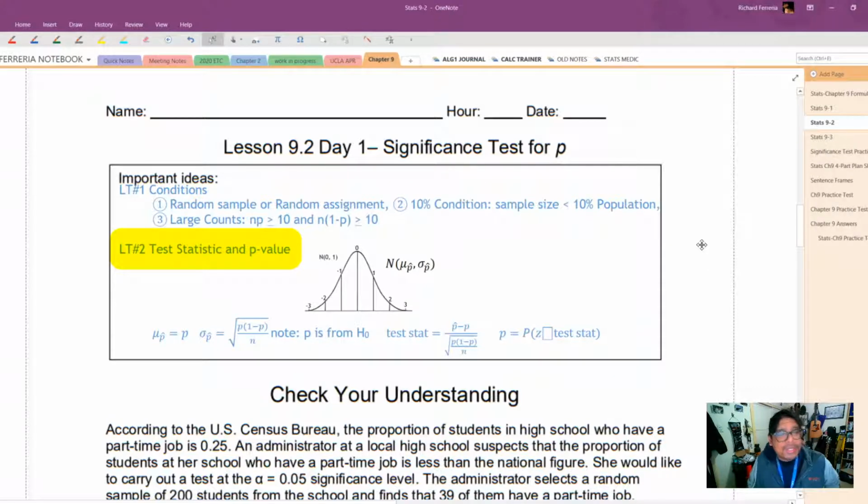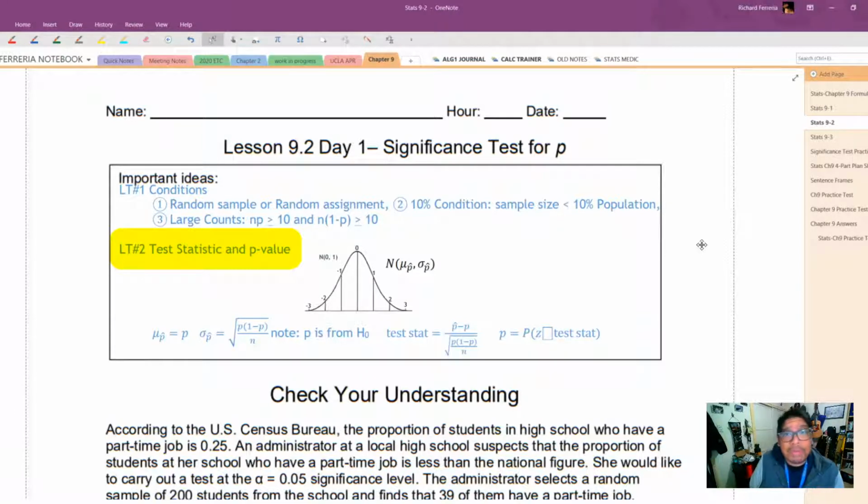Now for the test statistic and the p-value, we talked about those as we were just working. You want to go ahead and make yourself a normal curve and label it with mu p hat and sigma p hat. Mu p hat is p, and sigma p hat is root p(1 minus p) over n.